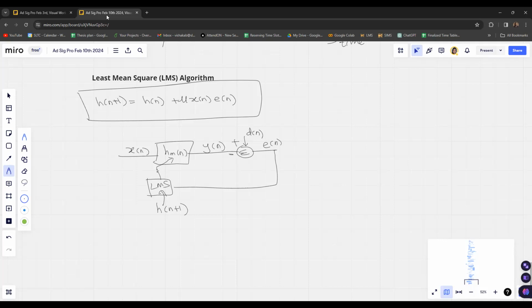The only thing is that here you consider x(n) times e(n), the error values directly, and you input that directly into this algorithm, and then you measure how the output of the filter coefficient values converges. For this also we can do a similar analysis related to the convergence of the filter coefficients.